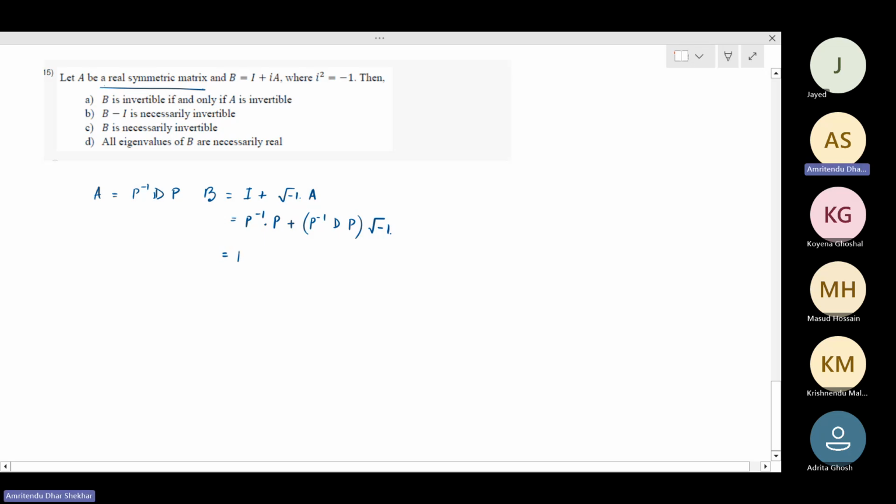So this gives us the matrix P inverse (I plus square root of minus 1 times D) times P.